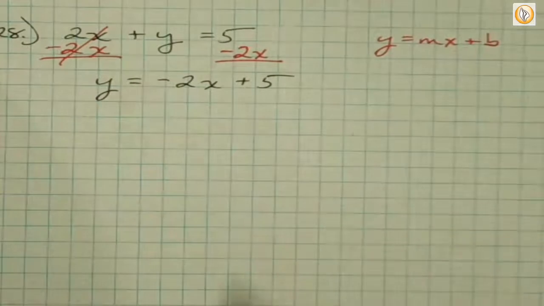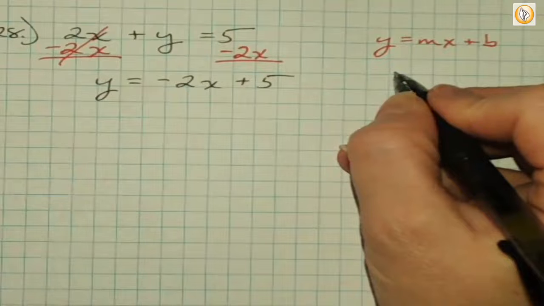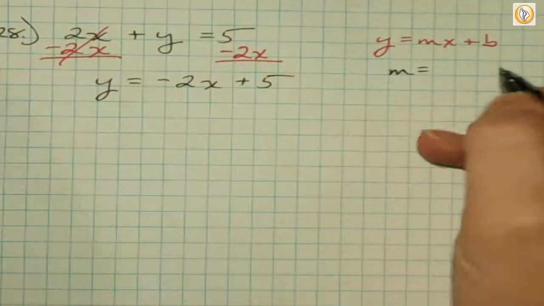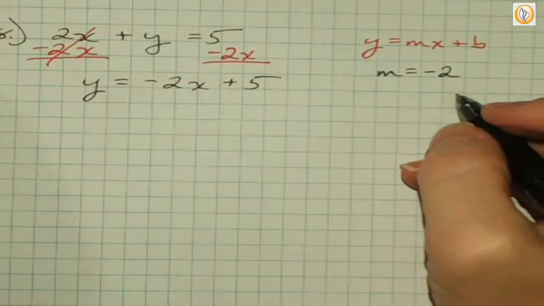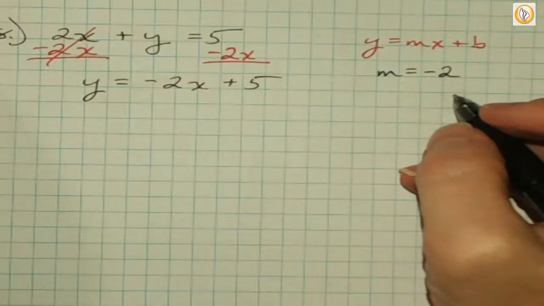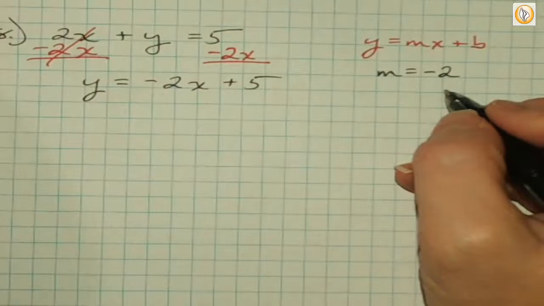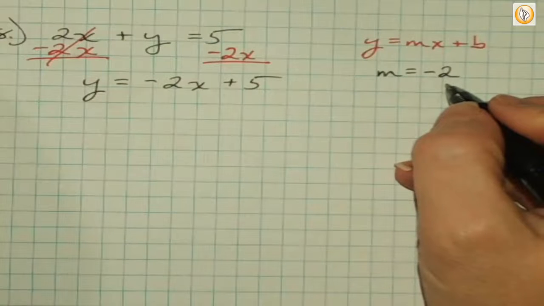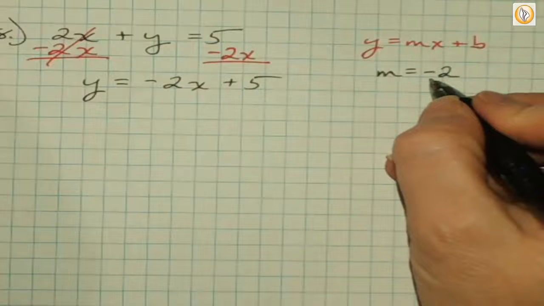Good job. What is the slope? Negative 2. Now, if we're graphing it, how should I write that? 1 over negative 2. Nope. It's a whole number. Oh, sorry. Negative 2 over 1.